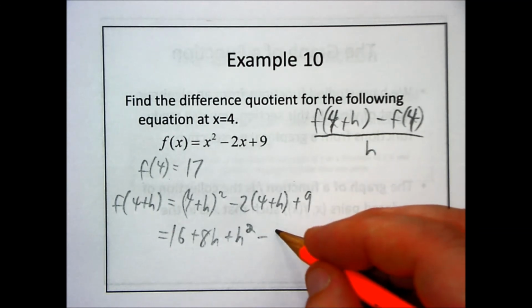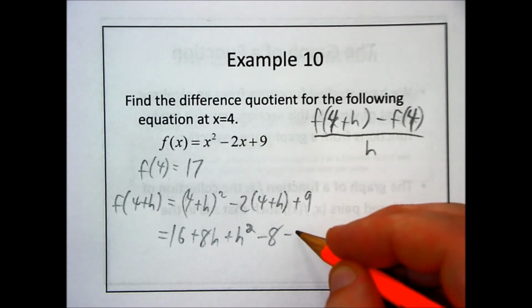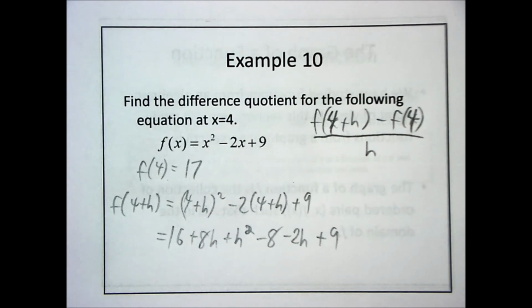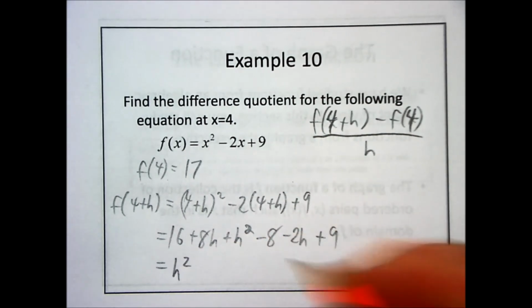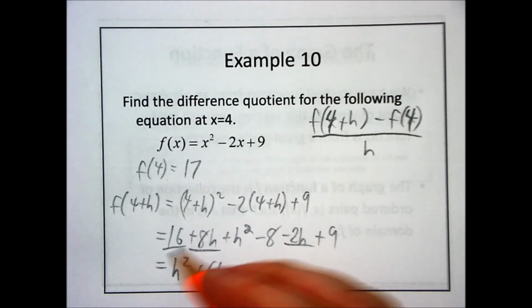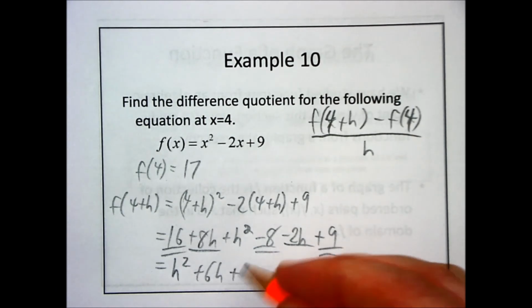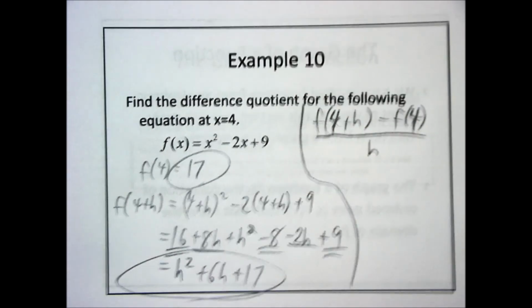You get what? Minus 2h. Plus 9. Lastly, combine like terms. Usually descending order just to make things easier later. You have the quadratic, h squared. The linear gives me plus 6h. And the constant gives me what? 17.